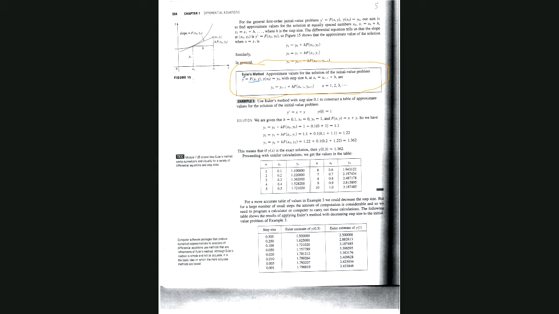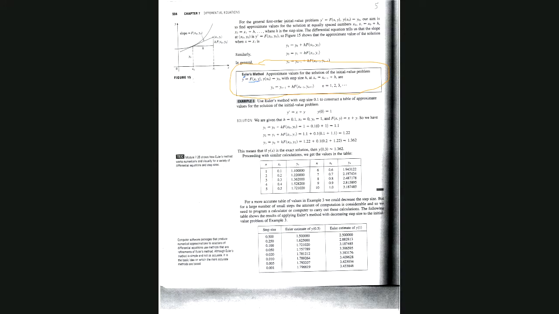The approximate values for the solution of the initial value problem, y prime equals f of x and y, where the value of y at x naught equals y naught, with step size h, is given by this iterative formula.